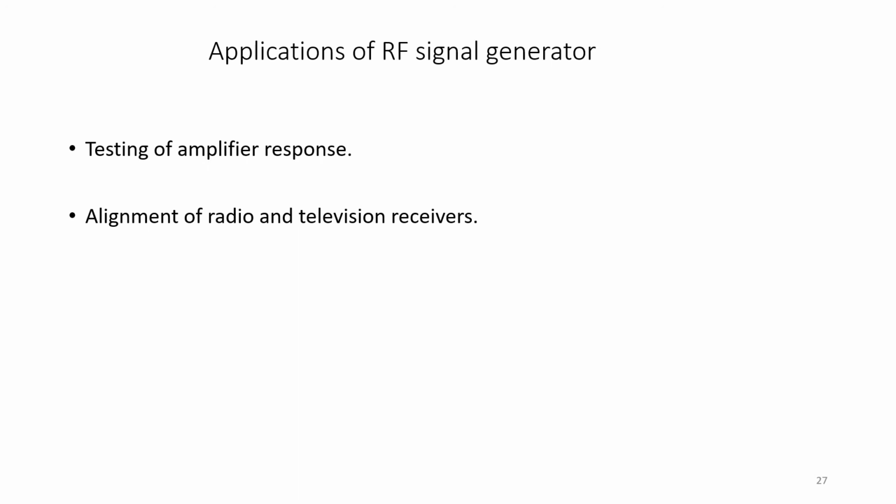So, alignment of radio and TV receivers. What you understand by alignment is that we'll be using a number of tuned circuits in a radio or TV. So when you change the stations, when you tune the stations, internally the tank circuit's frequency will be changed.